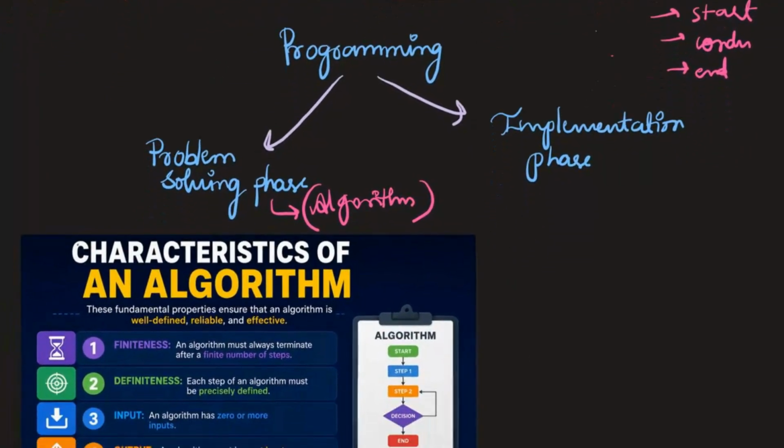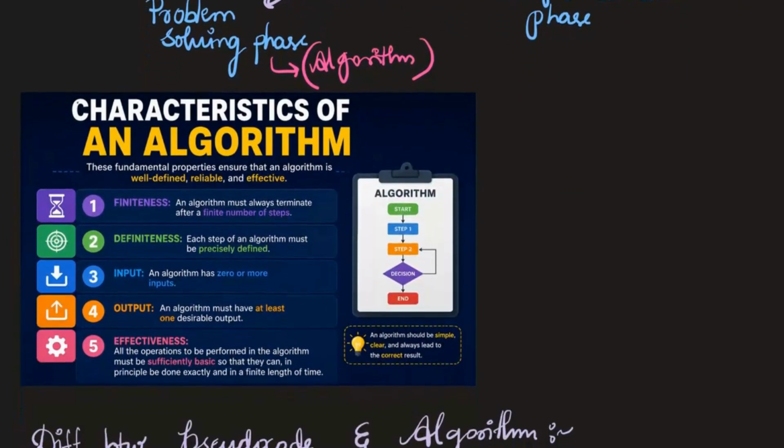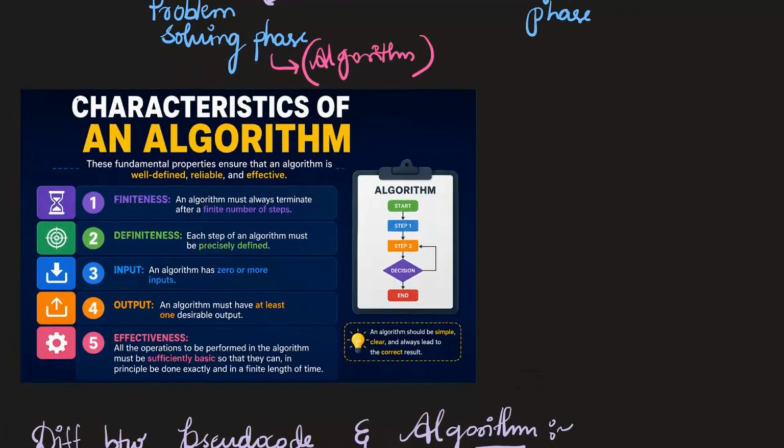Now let's look at some characteristics of an algorithm. The first one is finiteness. That means an algorithm must always terminate after a finite number of steps. If it has an infinite number of steps, then there would be no answer for it, so finiteness is very important. Next is definiteness. That says that each step of an algorithm must be precisely defined.